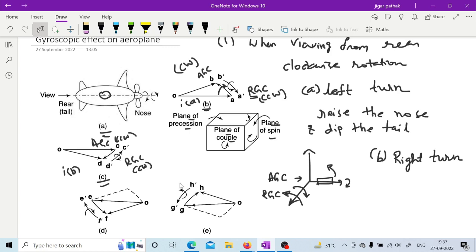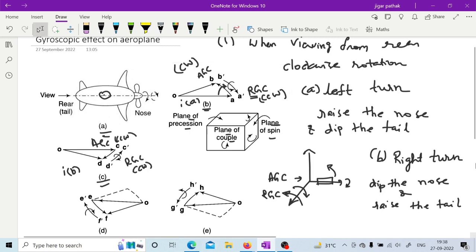Yes, in the second case it will dip the nose, and it will raise the tail. Okay, correct.